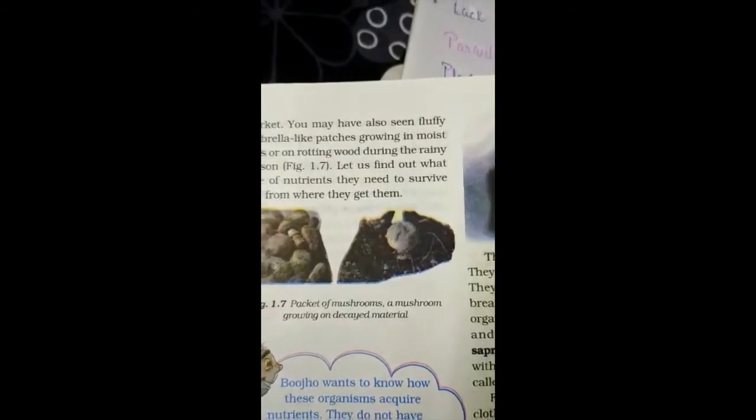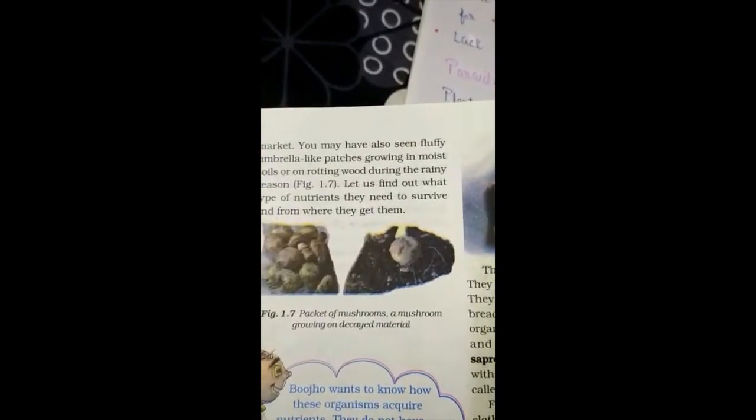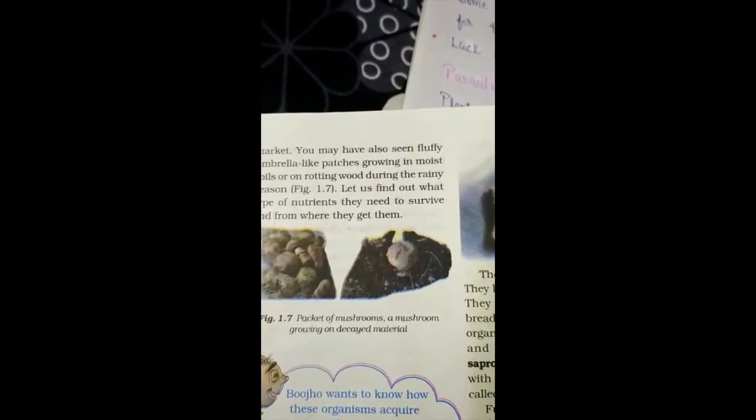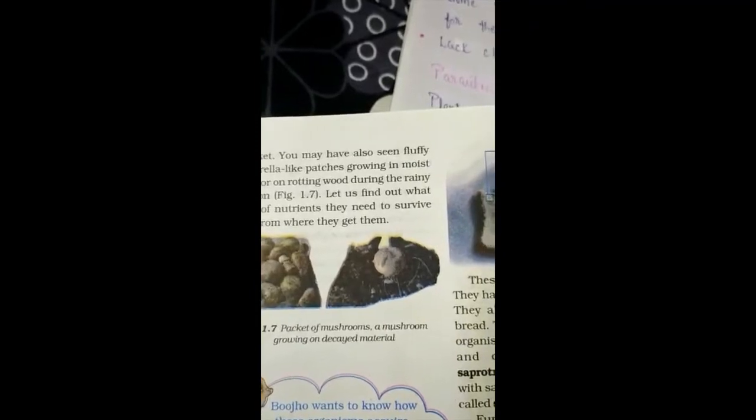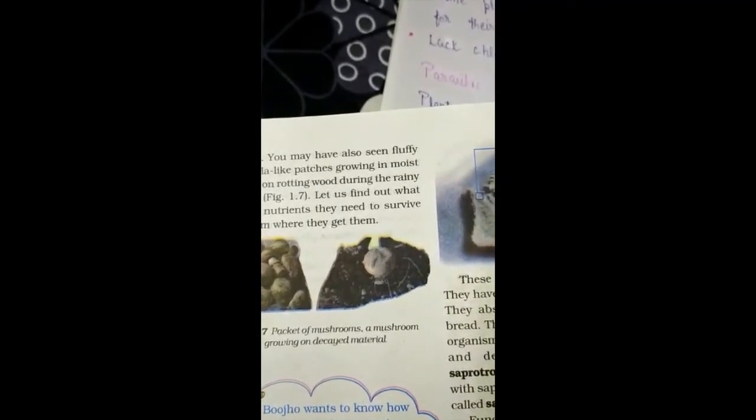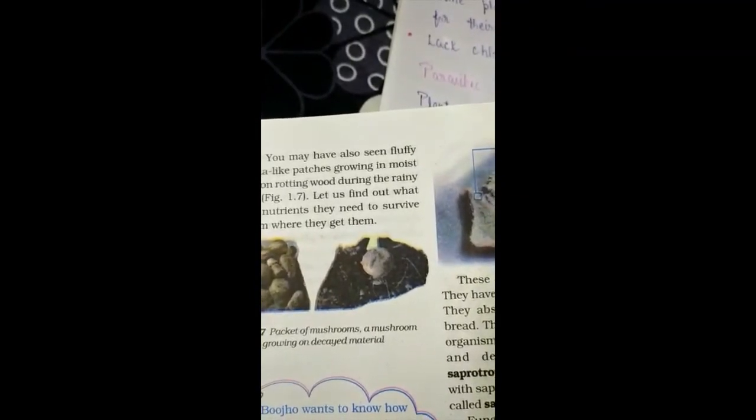We have noticed that the umbrella-like structure grows on the rotten wood in moist areas, that is a mushroom. So the fungi is dependent on the dead and decaying matter. It feeds on the decaying matter to survive, to grow.